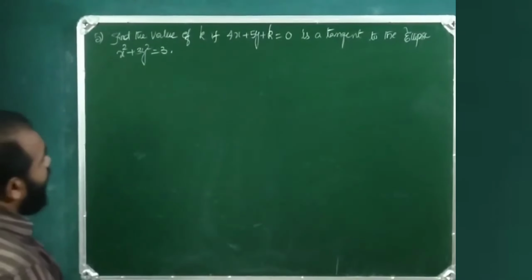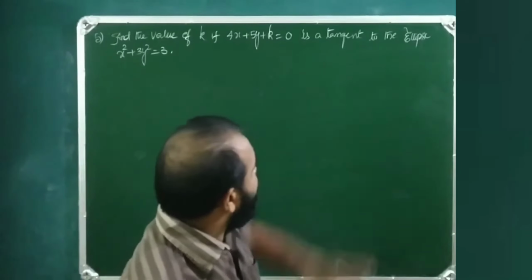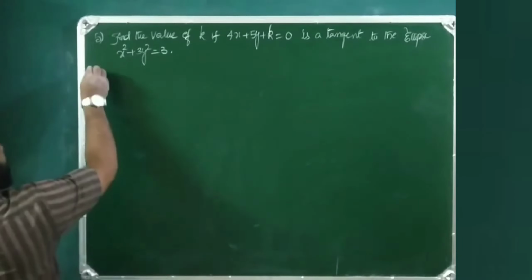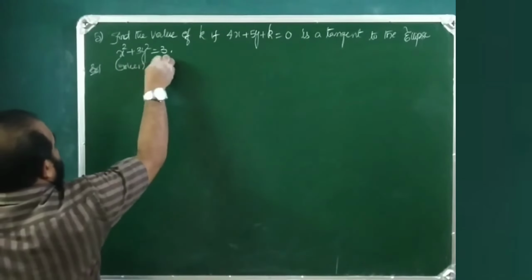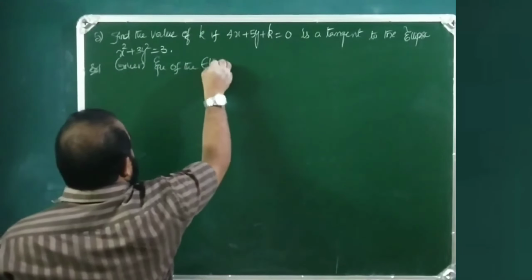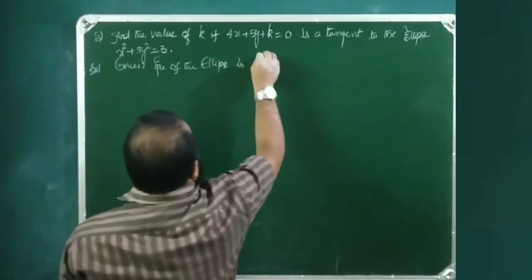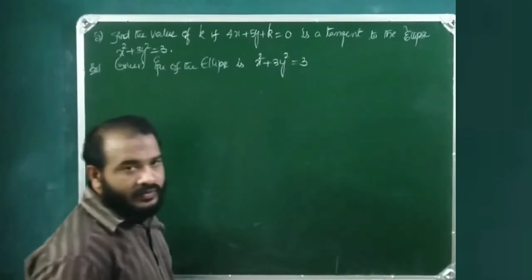Find the value of k if 4x plus 5y plus k equals to 0 is the tangent to the ellipse x square plus 3y square equals to 3. Given equation of the ellipse is x square plus 3y square equals to 3.